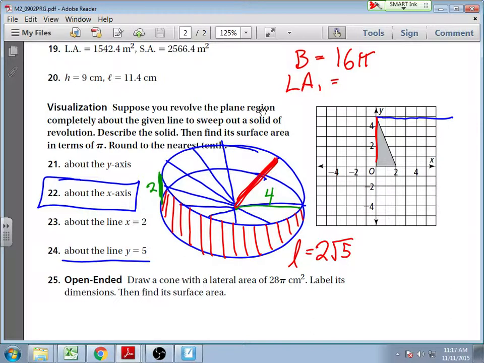That's what I've marked off with the red vertical lines, and then all the way around the back, but we wouldn't actually see that. That will be the rectangle that deals with the circumference times the height between the bases, which is our 2. My circumference is pi times diameter, my diameter is 8, so that turns into 8 pi times 2. So really just 16 pi. That's my first lateral area.